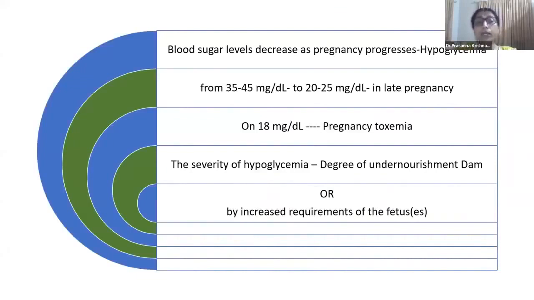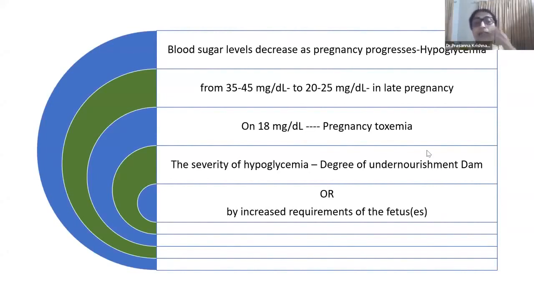Then the blood sugar level decreases as the pregnancy progresses, and that leads to a condition of hypoglycemia. From 35 to 45 milligram per deciliter, it will reduce to 20 to 25 milligram per deciliter, especially in late pregnancy. And when it comes down to as low as 18 milligram per deciliter, the toxemia condition may start to manifest.